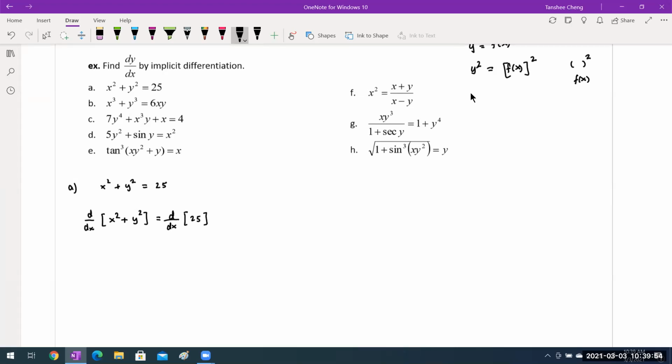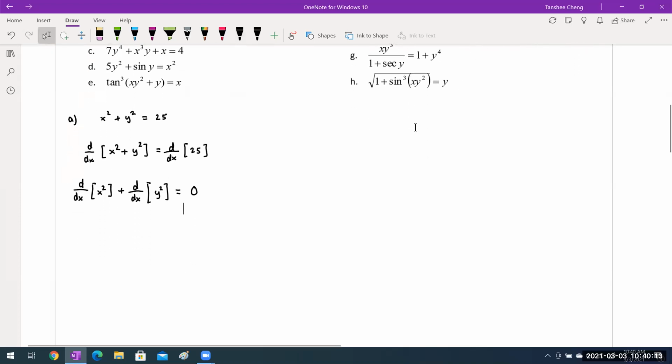Using the formula, the derivative with respect to x of the first term plus the derivative with respect to x of the second term. I'm going to write it down step by step. The derivative of a constant is 0. Now, x squared is a power function by itself, so its derivative with respect to x gives us 2x. However, y squared has to be looked at as a composition function.